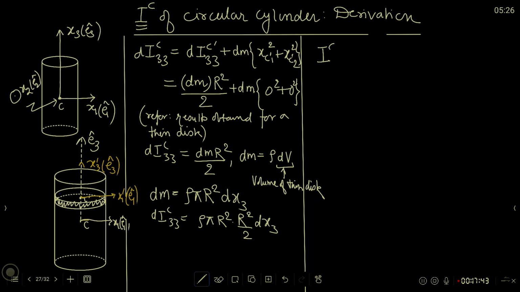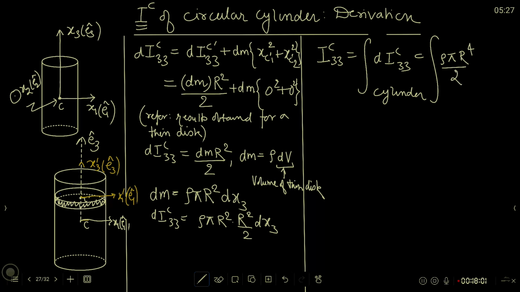IC33 is the full integration of dIC33 over the cylinder, and that equals rho pi R^4 by 2 dx3, x3 going from minus L by 2 to plus L by 2.